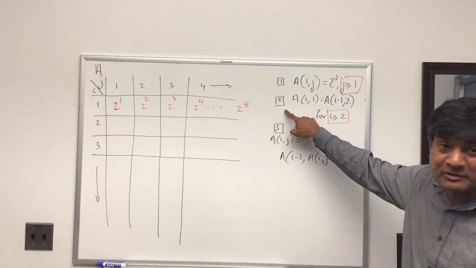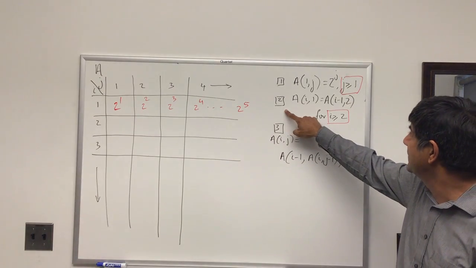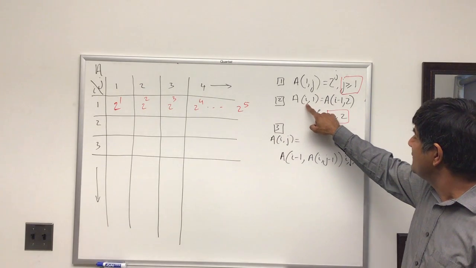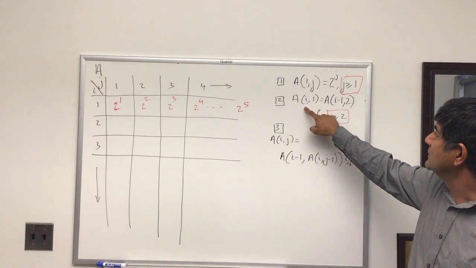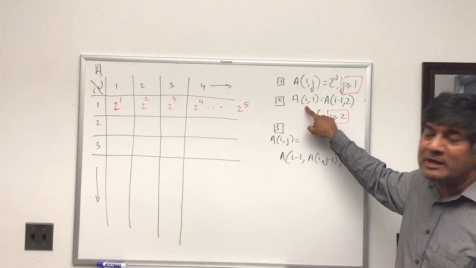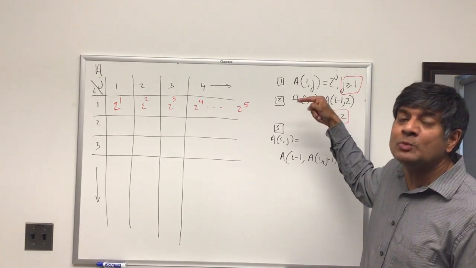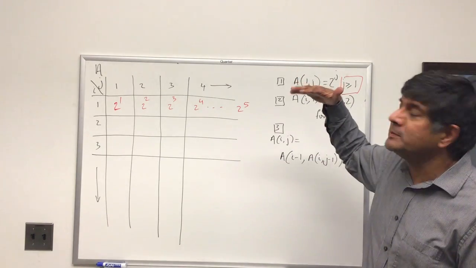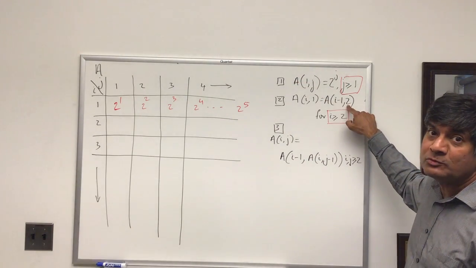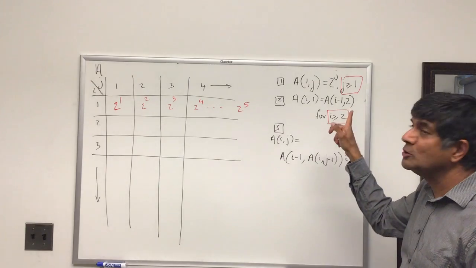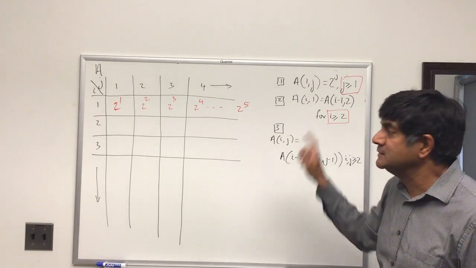Okay. Now, how do we think about the first column? Okay. So if I look at this formula, what this is saying is that AI1 is equal to A of I minus 1, meaning I go one row up, and then here I have a 2, which means I go 1 to the right.